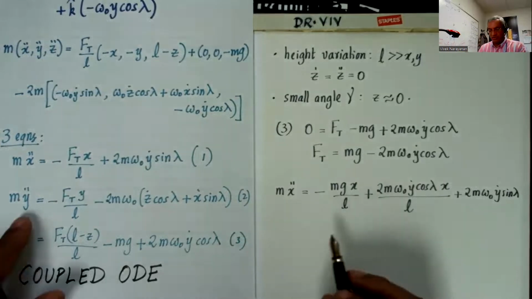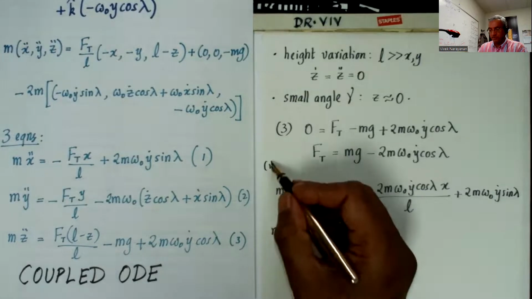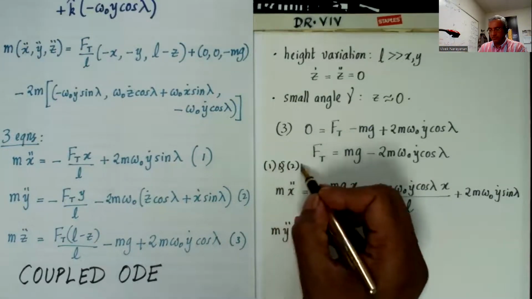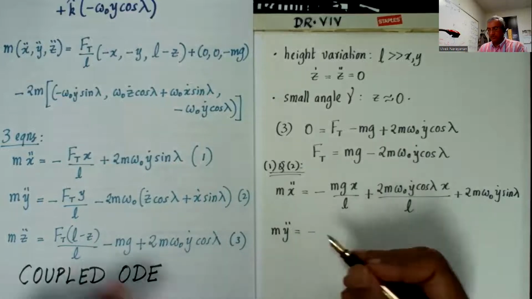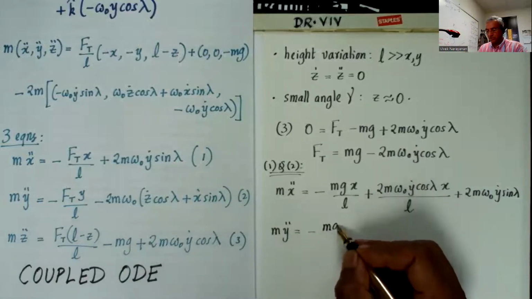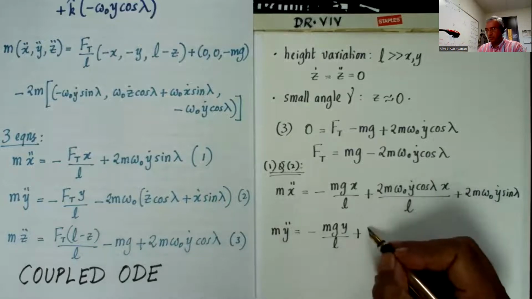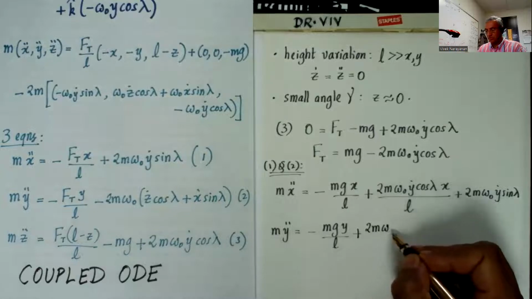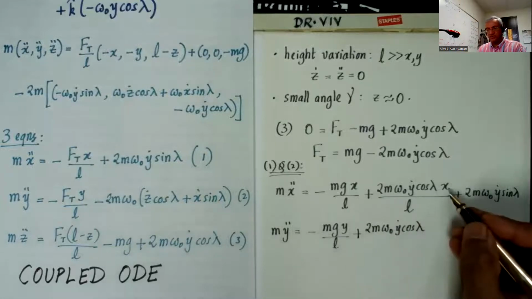Okay, now I'm going to do the same thing here. m y double dot, this is equation 2 that we're dealing with next. So m y double dot, the same procedure, except instead of x, I put y.